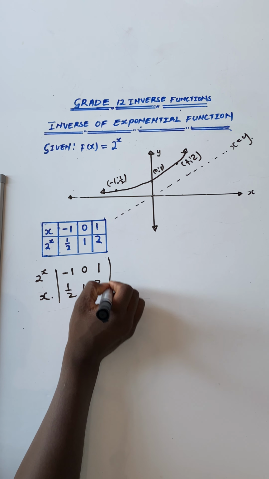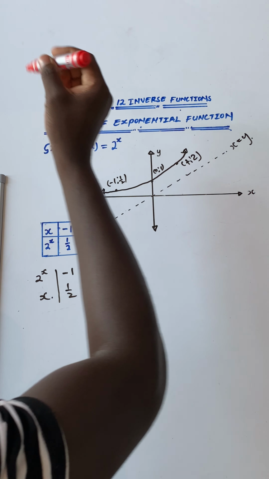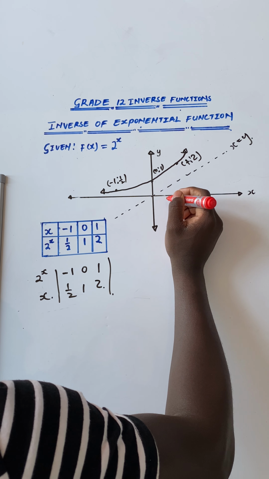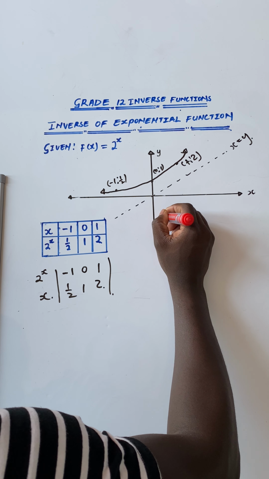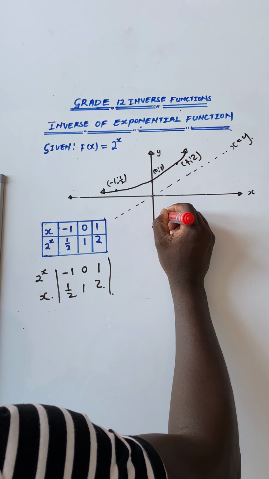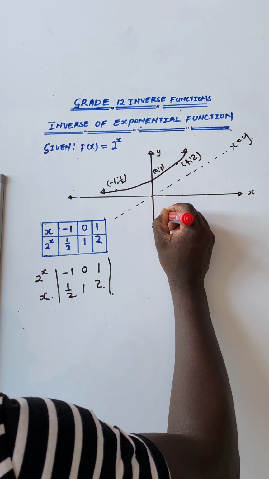Now we can put that into the Cartesian plane. We can draw that using a different color. So here we have 1 over 2 is to negative 1, which we can put somewhere there.